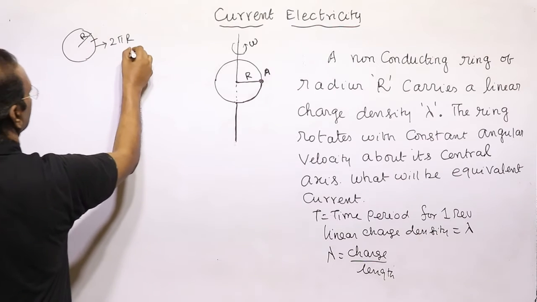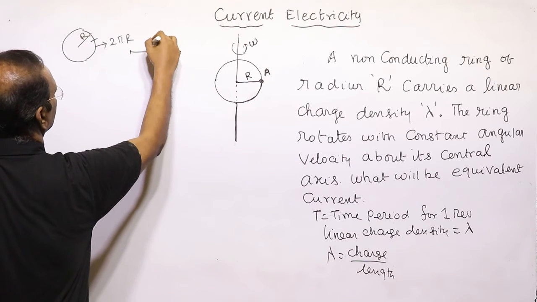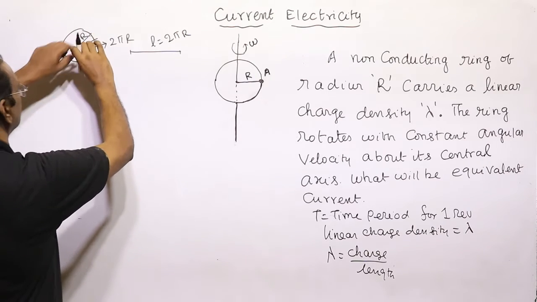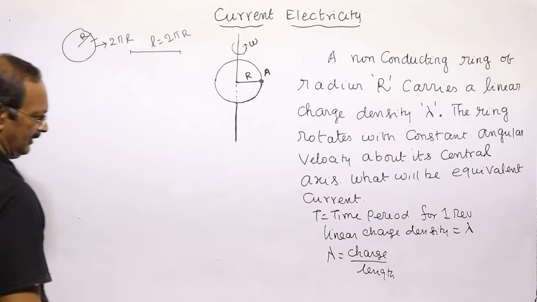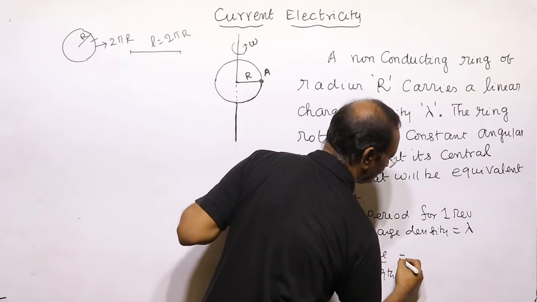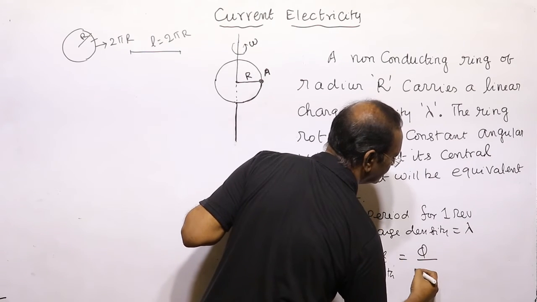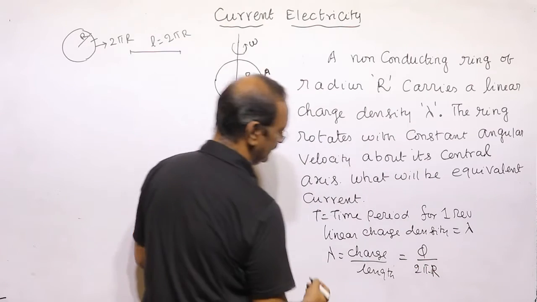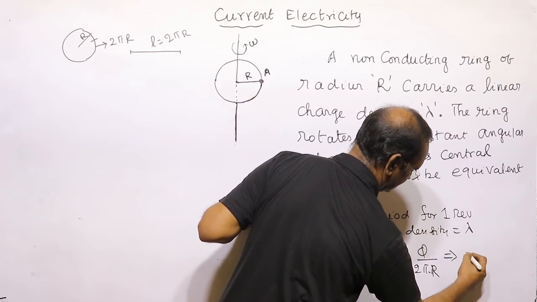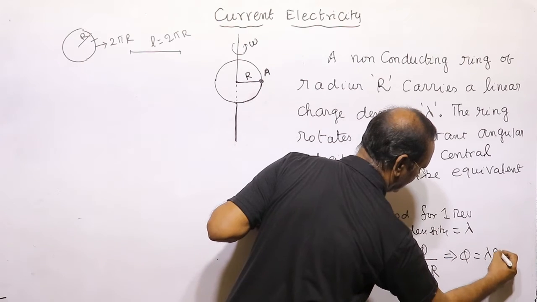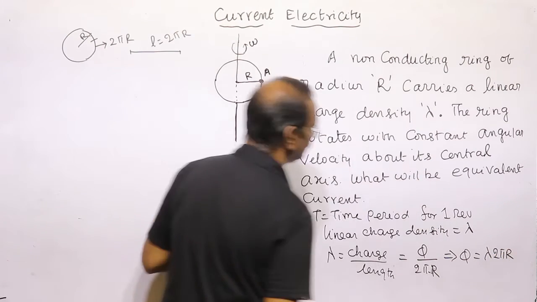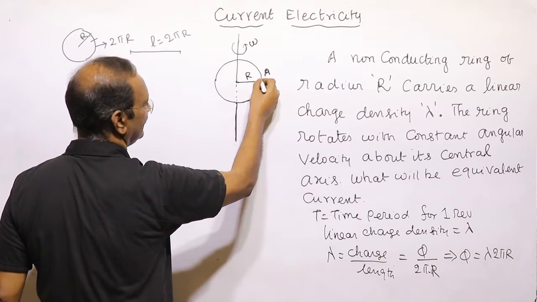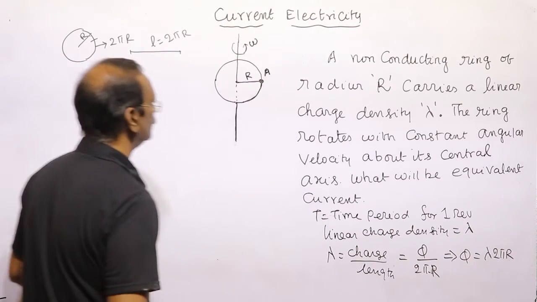If it is cut and made into a single wire, its length is equal to 2 pi r. So charge is equal to lambda into 2 pi r. It means that for one revolution, the charge passing through point A is lambda into 2 pi r.